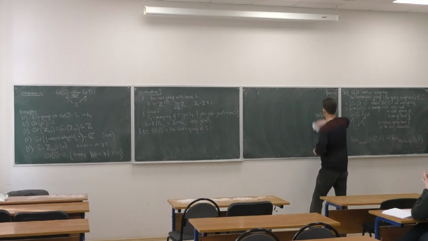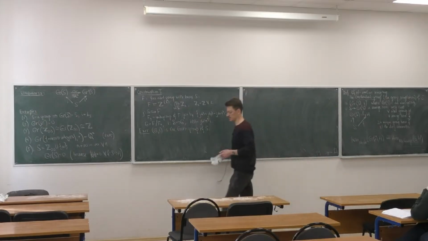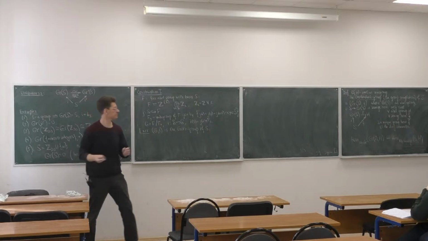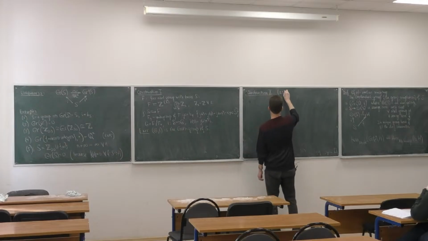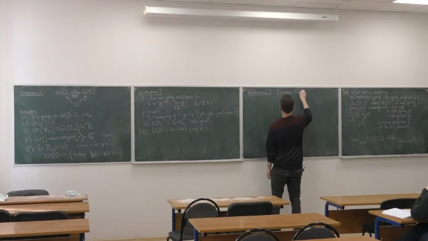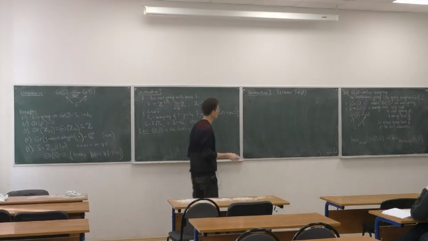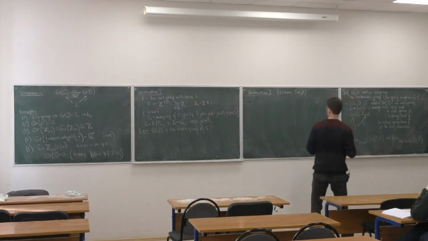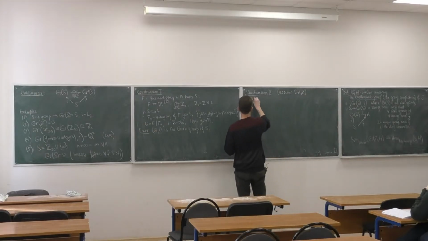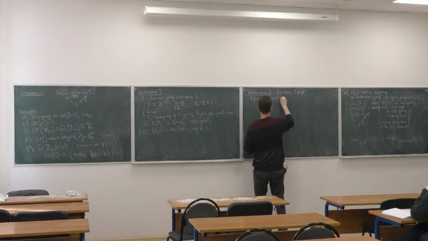Let's now look at another construction of the Grothendieck group, which is much more concrete. Construction 2. Here we assume that S is non-empty. Let's consider the product of S by itself, and let's introduce an equivalence relation on S cross S as follows.